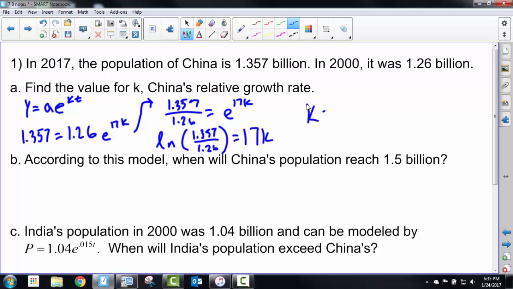Now your final step here is just to plug this into your calculator. You're going to do the natural log of 1.357 divided by 1.26 and then divide that number by 17, and you'll get about 0.0044.